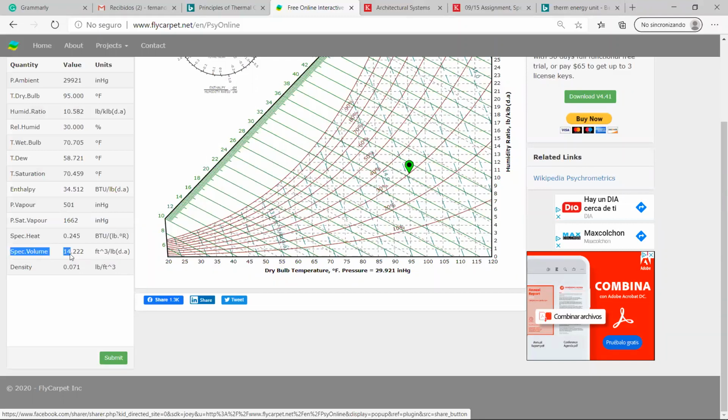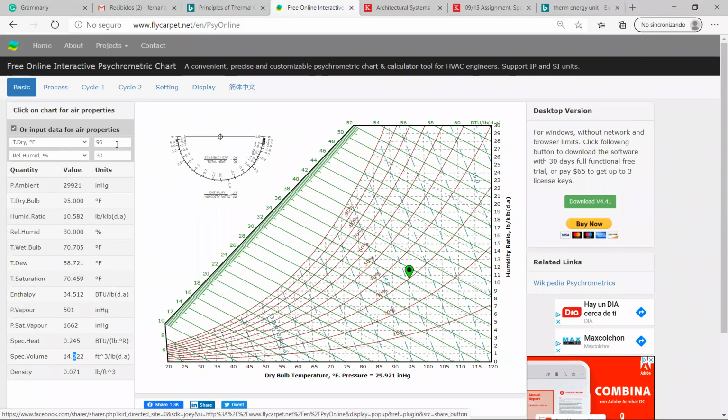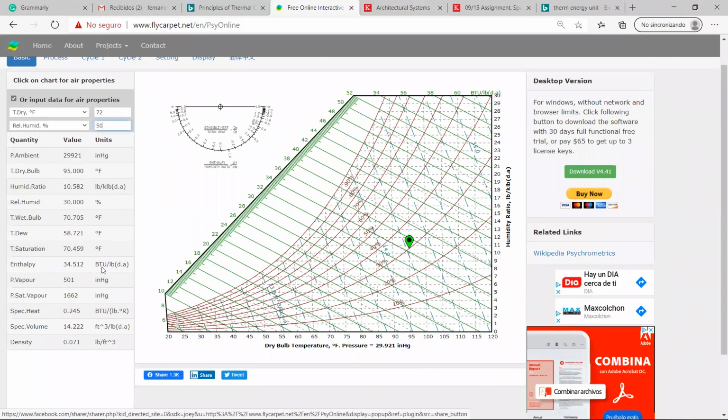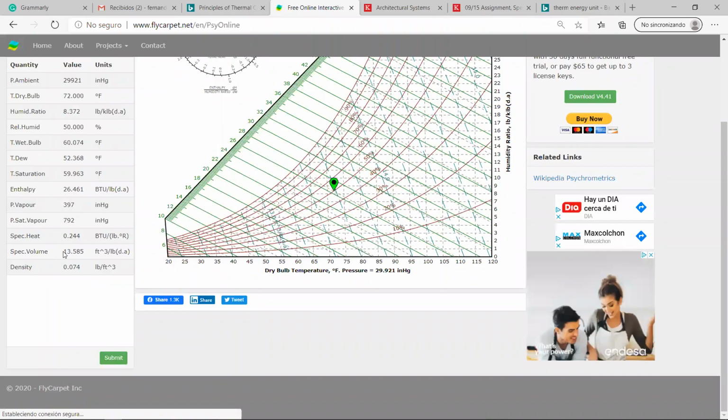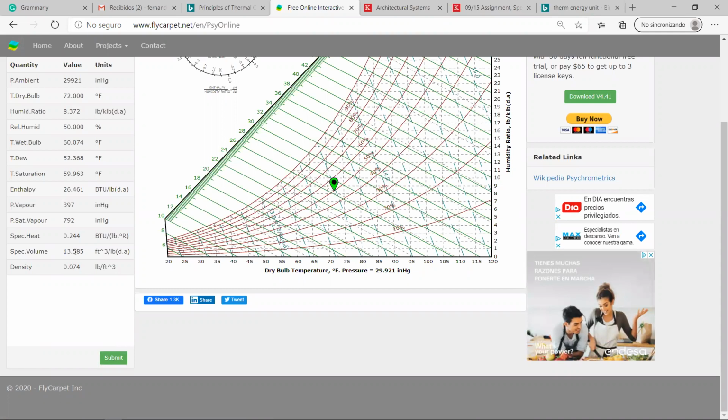So this is around 14.2. But if we calculate the indoors, 72 and 50, we submit. Now the specific volume is 13.5. So I took something in the middle between 13.5 and 14, so 13.7. You know what I mean?